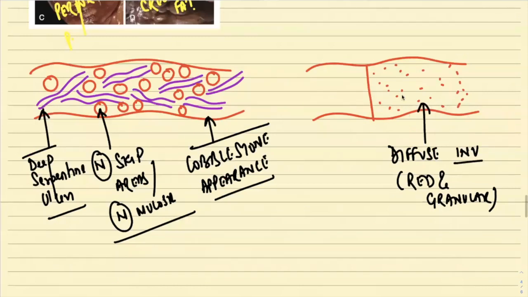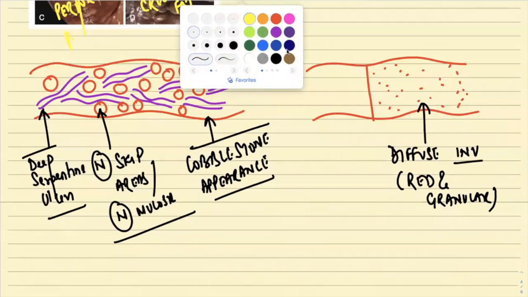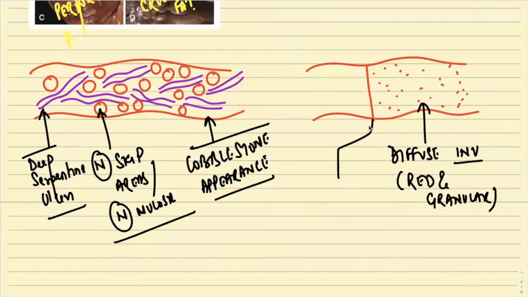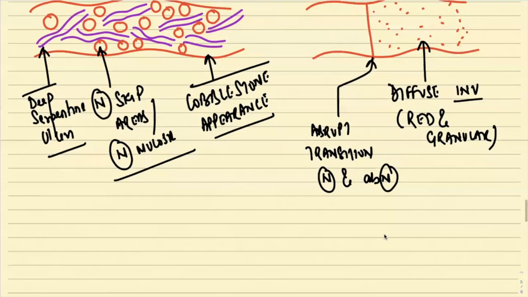Now, also one important fact that I already mentioned, that there is an abrupt transition between normal and abnormal area. So cobblestone appearance is a classical feature of Crohn's disease.